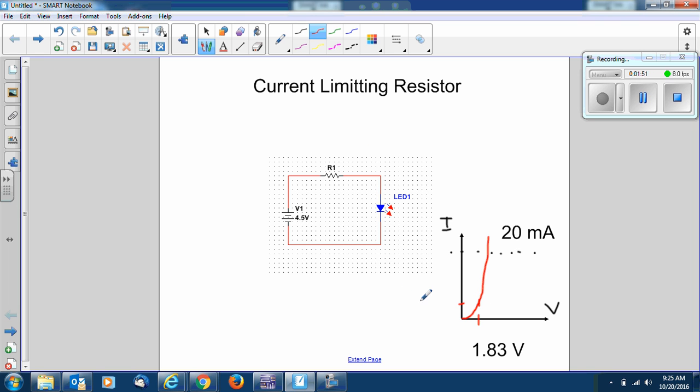I'm just basically guessing that it's 5 milliamps. Okay, so my task is to find a resistor such that the current I have is bigger than 5 milliamps and smaller than 20 milliamps. So let me type it up.